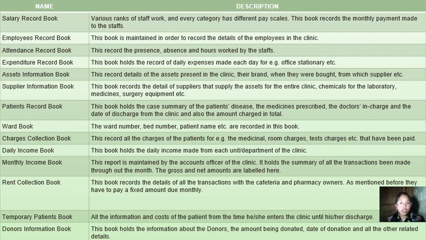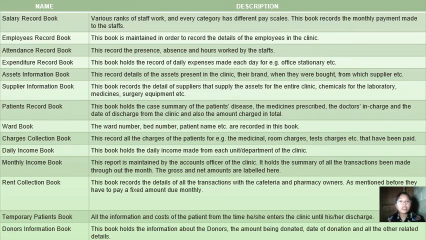The clinic has a large number of assets, the majority of which were imported from other countries. The associated receipts are stapled on the same page as the information about them in the assets information book. The supplier information book is a distinct book that stores information about all suppliers such as chemicals, surgical equipment, and assets.